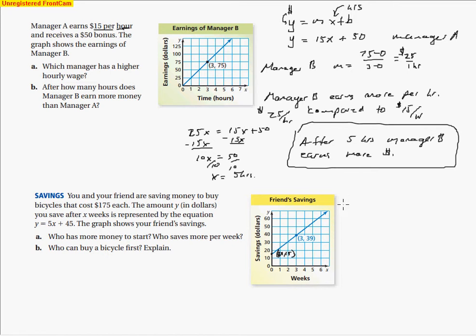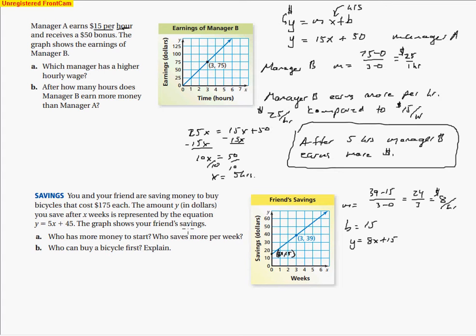And let's go ahead and find the slope of that line. So 39 minus 15 over 3 minus 0. So that makes 24 over 3, so that's 8. So your friend earns $8 per hour and starts at 15. So the y-intercept is 15. So their equation is y equals 8x plus 15.